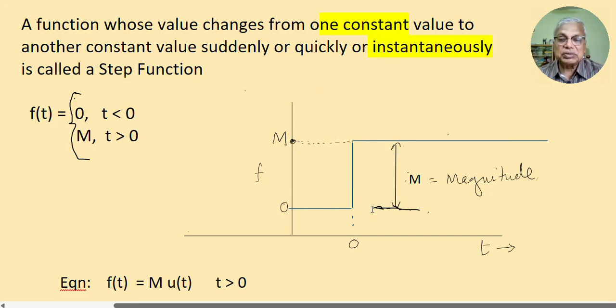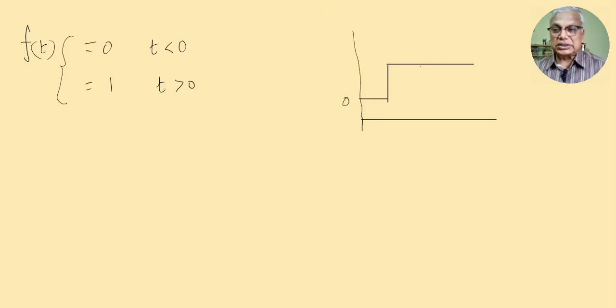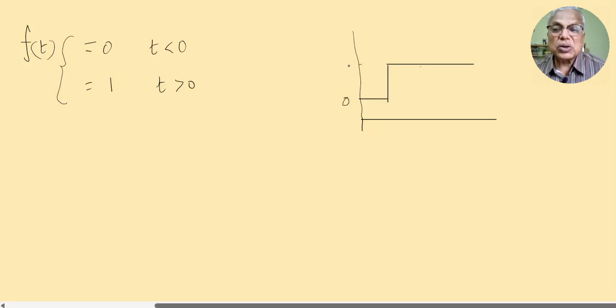The function changes from 0 to 1. That is known as a unit step function. The value is 1 here at 0.